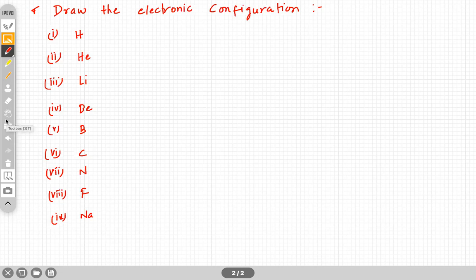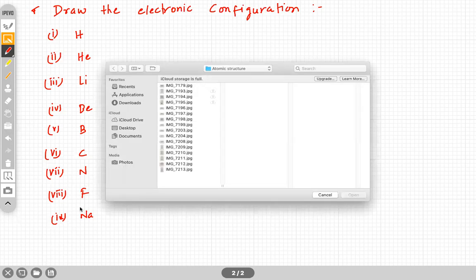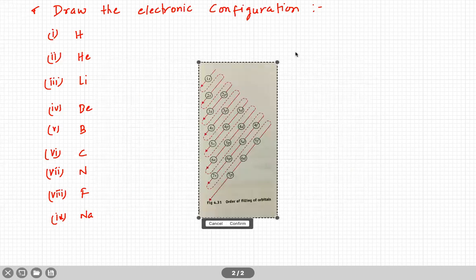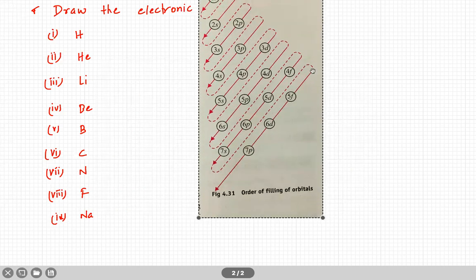For all these, draw the electronic configuration. So we know the energy order. The energy order is this. Last class I have given you this already.